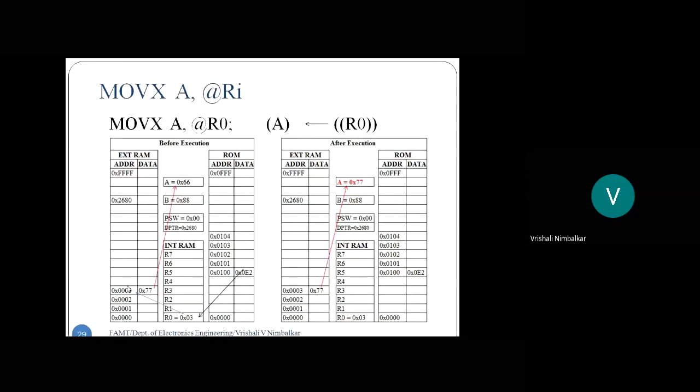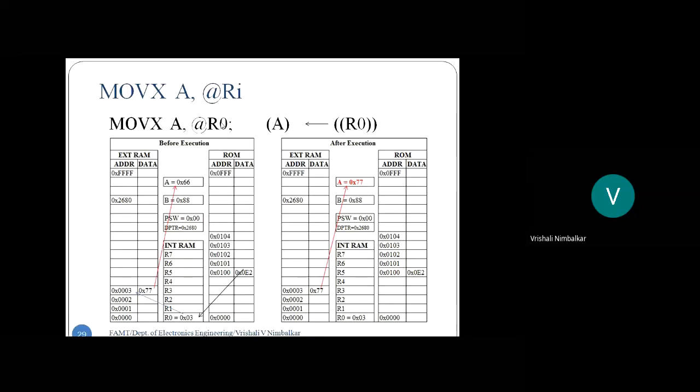And hence I can access the memory location up to 00FF. Okay, students? So FF is 255. Exactly, 0 to 255 is 256 memory locations.